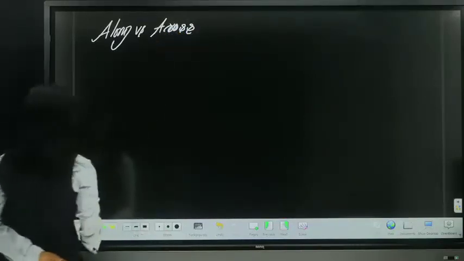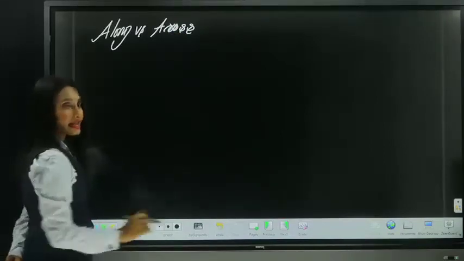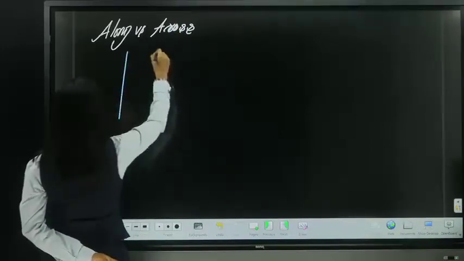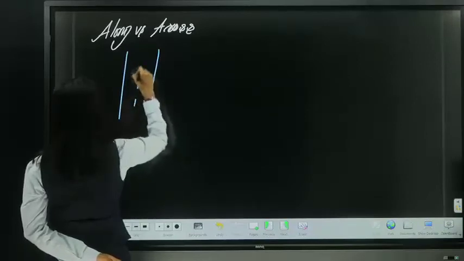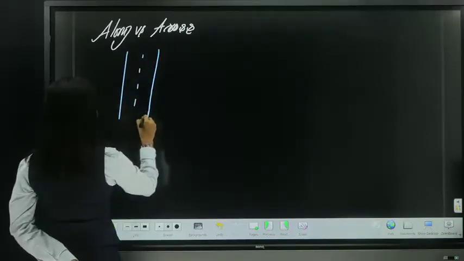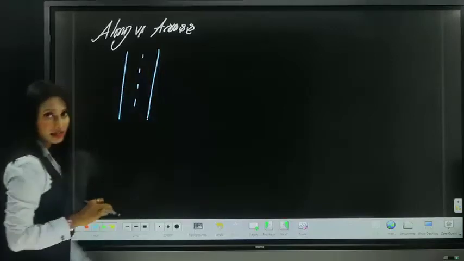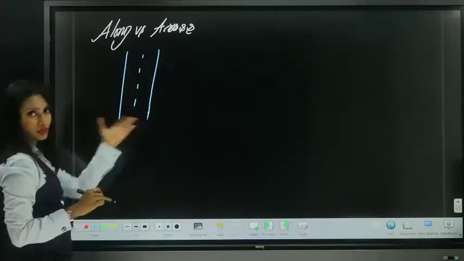What is the difference between along and across? Let us talk about these two prepositions by considering this picture as a road.